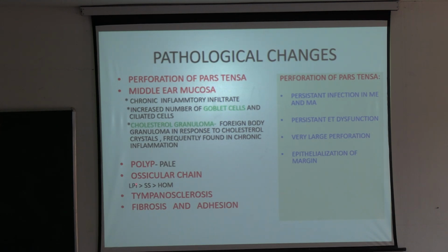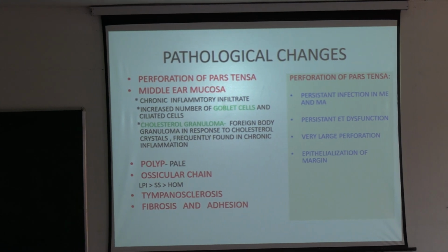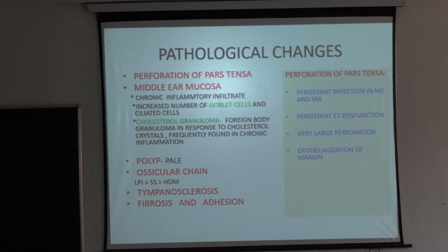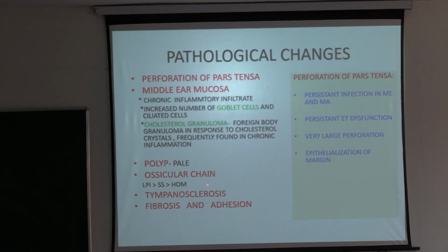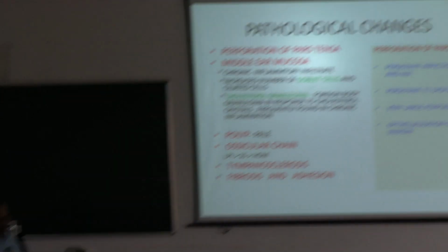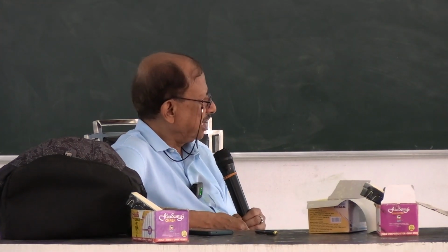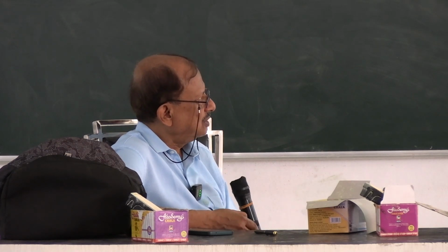Ossicular chain necrosis, it is long process of incus necrosed first, then stapes superstructure, then handle of malleus. So along the ossicles, long process of incus is highly vulnerable for avascular necrosis. There is tympanosclerosis, that is sclerosis of the middle ear structures, giving rise to deafness, fibrosis and adhesions.